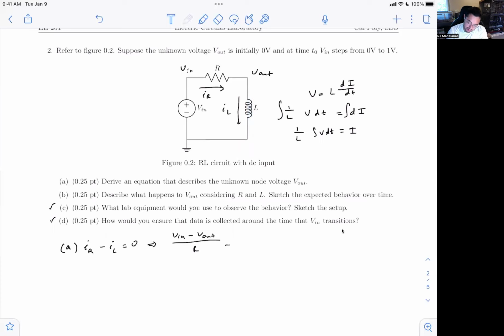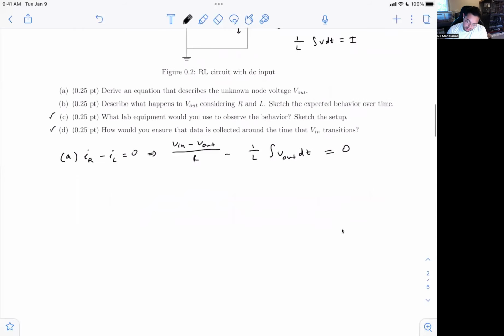So that voltage V there in that case, we're left with 1 by L integral of V out dt is equal to I. Well, that is what the current through the inductor is. So this whole expression should be equal to 0.